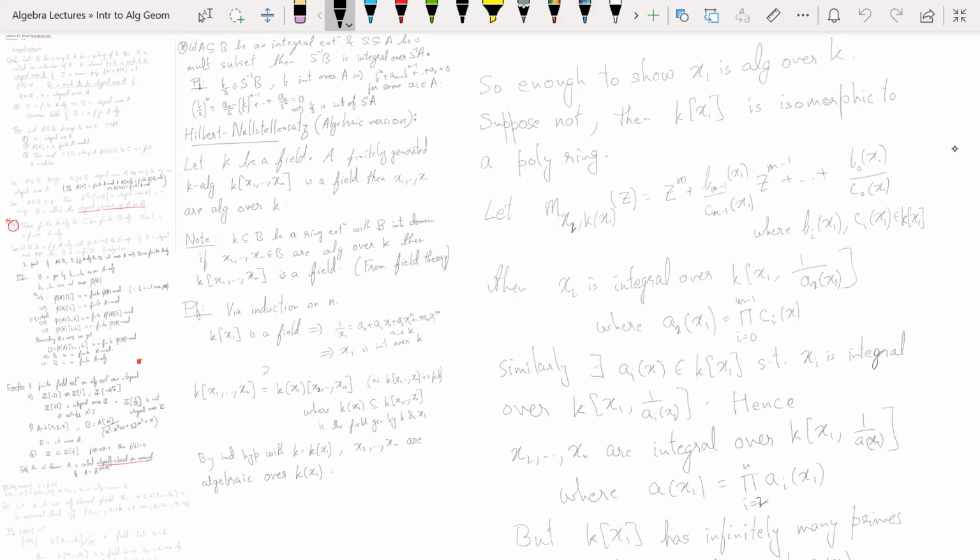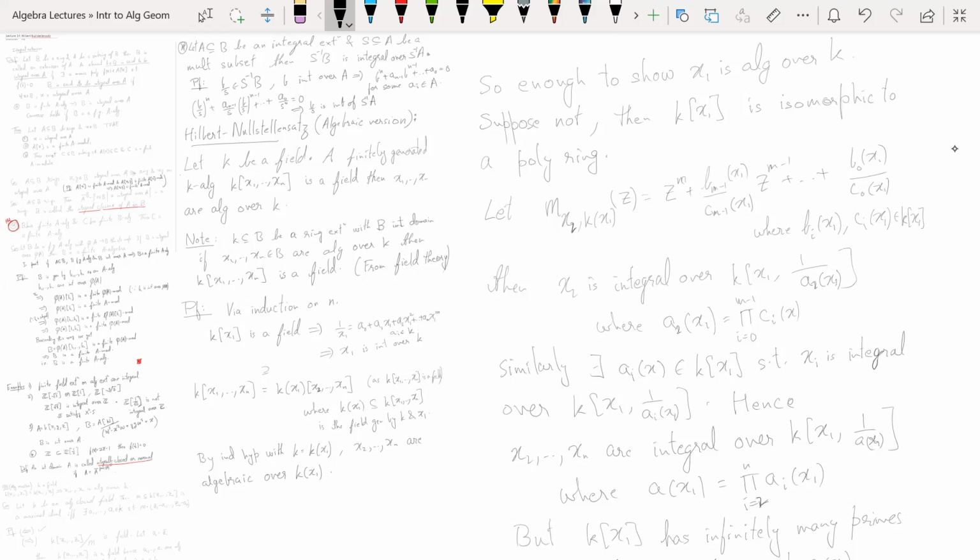It looks something like z^m + (b_{m-1}(x1)/c_{m-1}(x1)) z^{m-1} + and so on, where the b_i's and c_i's are in the polynomial ring k[x1], because every element of the field k(x1) is a fraction with elements in k[x1]. So the minimal polynomial will look something like this.